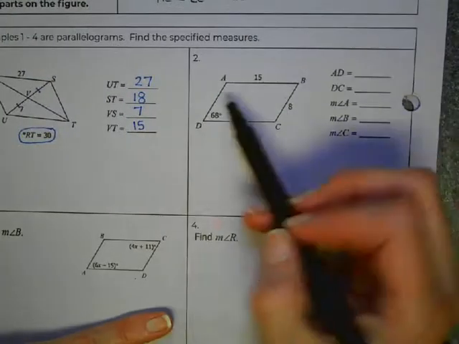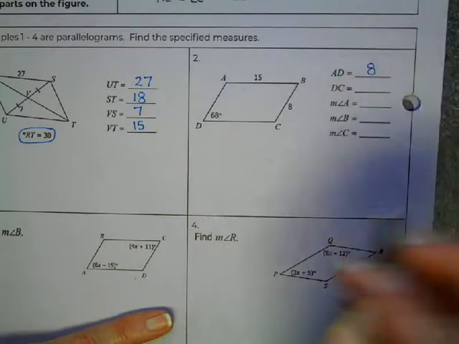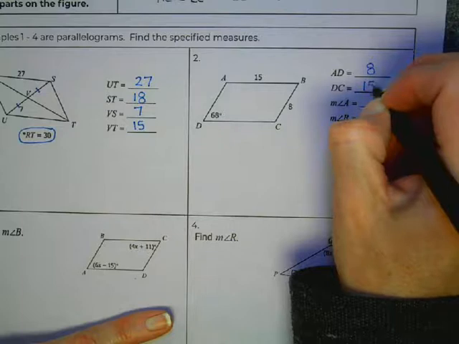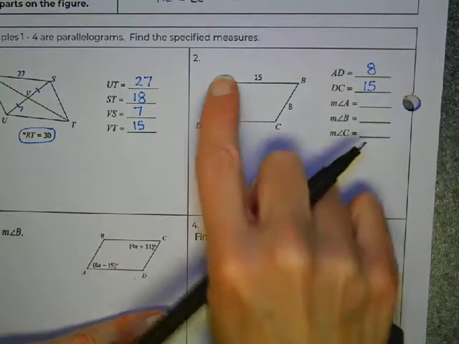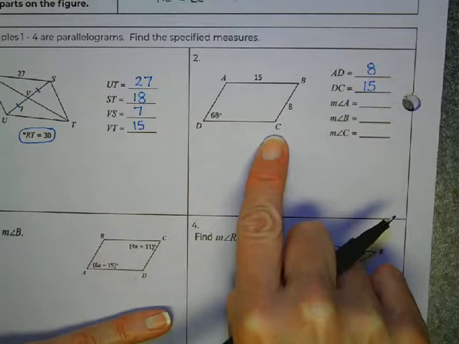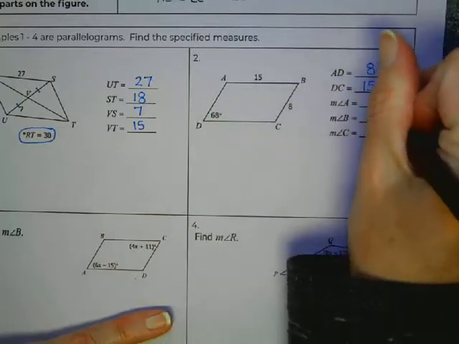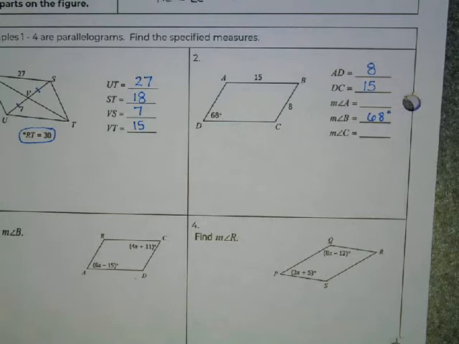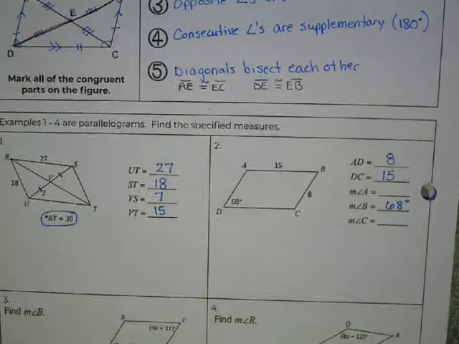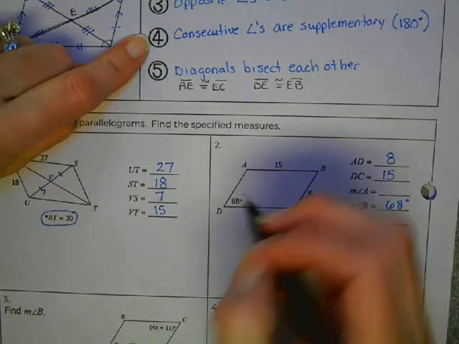Okay, now we're going to look at this one. AD is opposite 8. DC is opposite 15. Angle A is opposite angle C, and we don't have any numbers there. So, angle B and D are opposite. We have to figure out how do we find the missing angle. And so what this goes back to, if we don't have opposite angles, we have what is called consecutive angles.